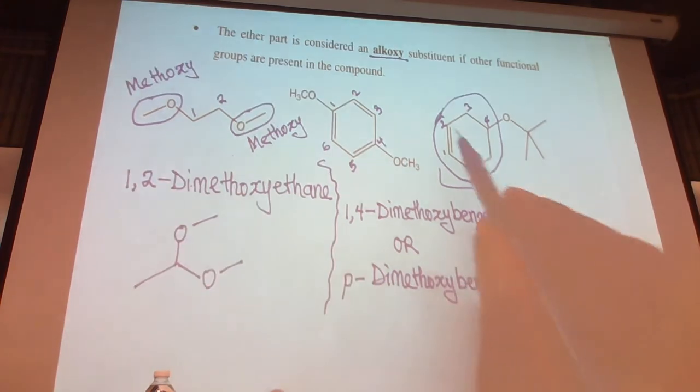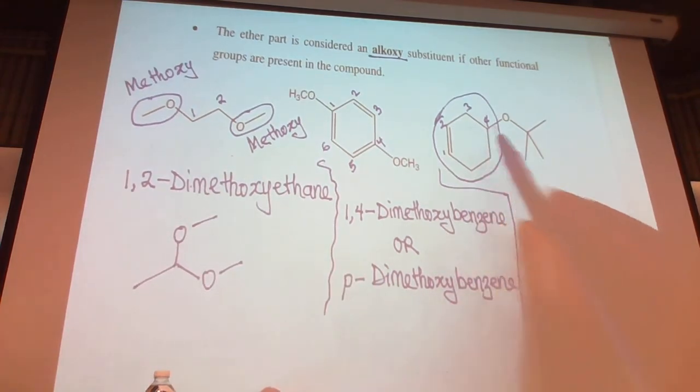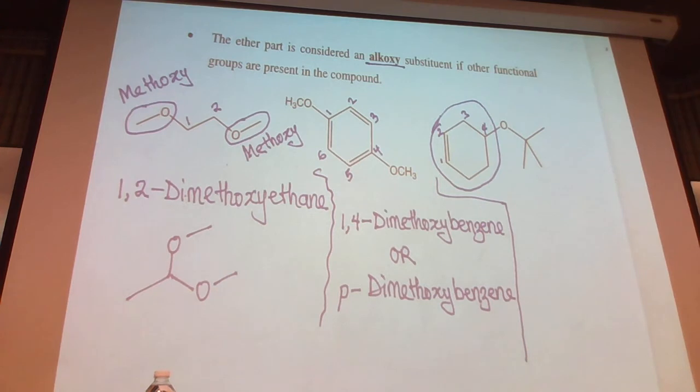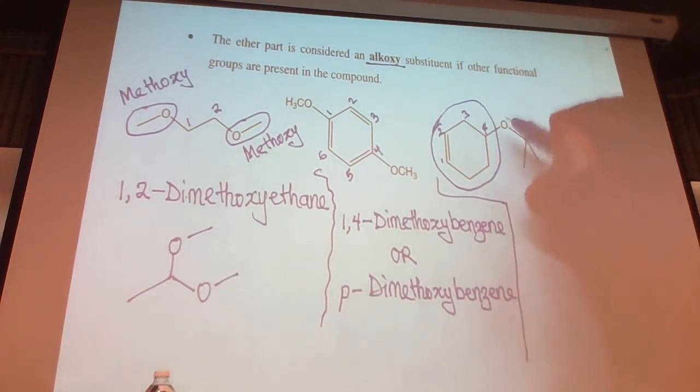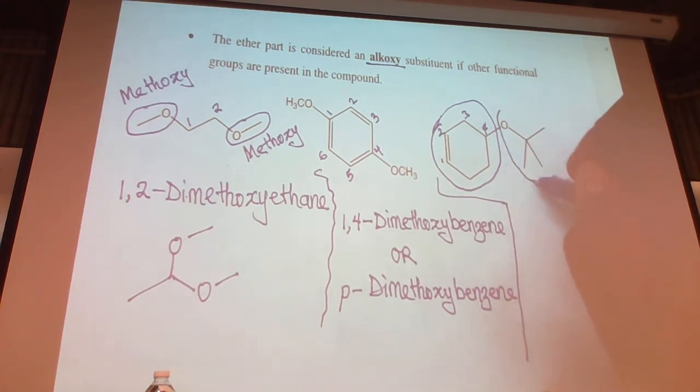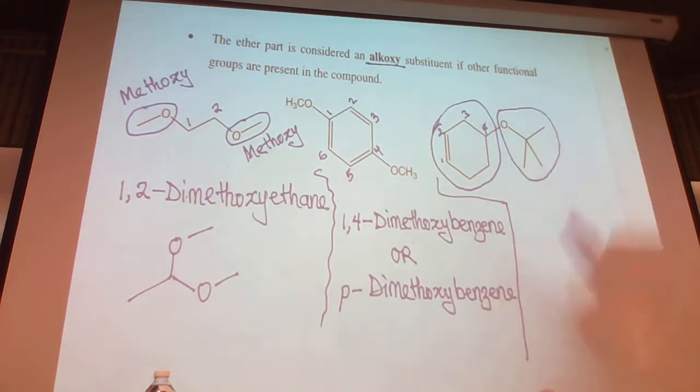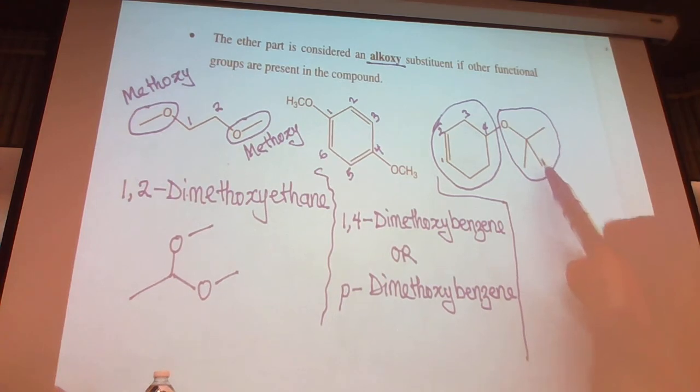Because if you go 1, 2, 3, 4, 5, that will place the alkoxy group at position number 5. Okay? So this group is a cyclohexene group, and this whole group is what? Tert-butoxy, because this is a tert-butyl group.